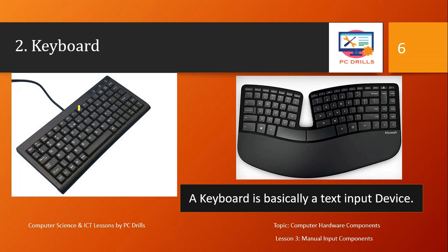But it does not matter, they do the same thing. You press letters, characters, numbers, spaces, and they appear on the screen. That's the basic work of the keyboard. So you can define a keyboard as basically a text input device. All the text you see on a computer, you can insert using the keyboard, and this is how it looks.